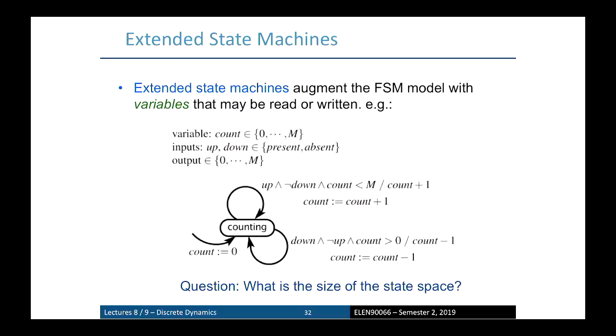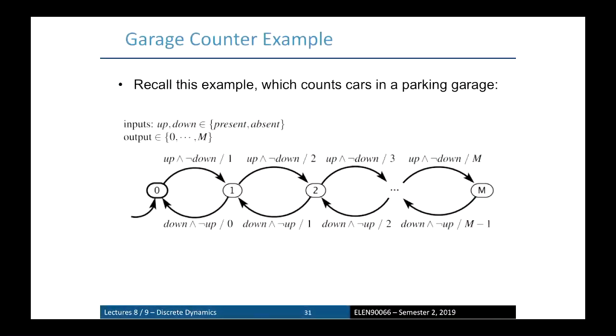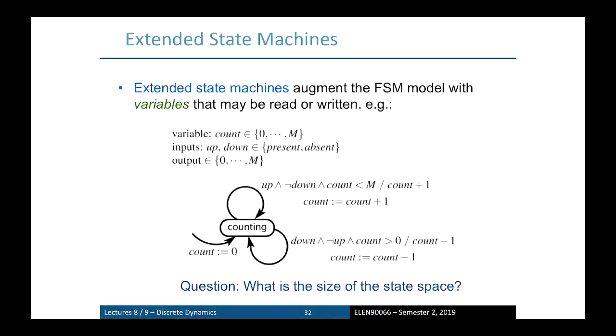In particular, this simple state machine, which looks like it's got a lot of repetition going on. I mean, come on, it's just a big chain, and if we have lots of states, it's going to be a big chain. We can actually boil that down to one state. So the size of this state space is 1. It's one state. It's not m states or m plus 1 or whatever the other diagram was, but it's just 1.